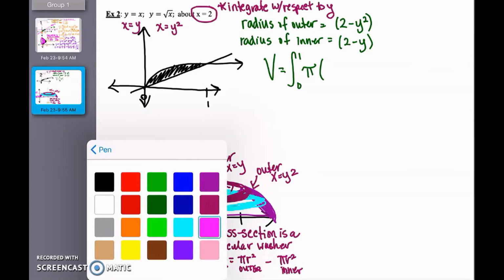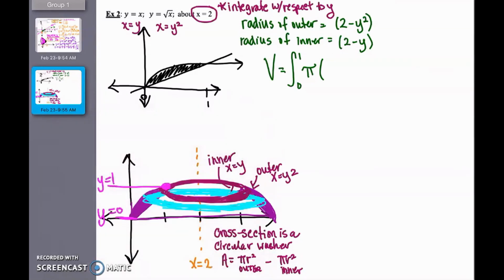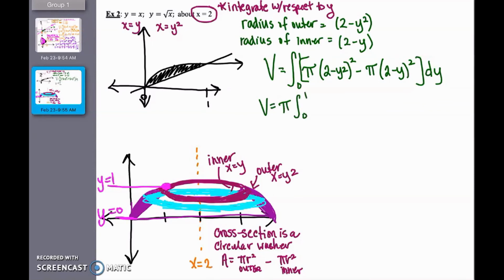Okay, back to our volume equation. We have the integral from 0 to 1 of pi times my outer, which is 2 minus y squared, squared, minus pi times my inner, which is 2 minus y, squared, dy. Just like in the last problem, I'm going to factor out the pi in front of the integral, and then FOIL out the 2 minus y squared and the 2 minus y.